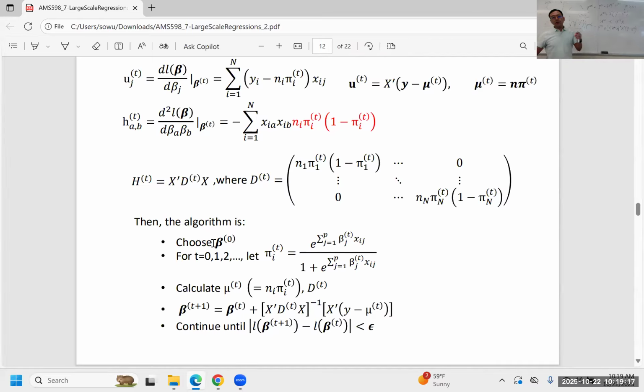But if they go to different places, then you examine what you want to do, whether to choose the global maximum or the local maximum. You have to do some further investigation on the problem.